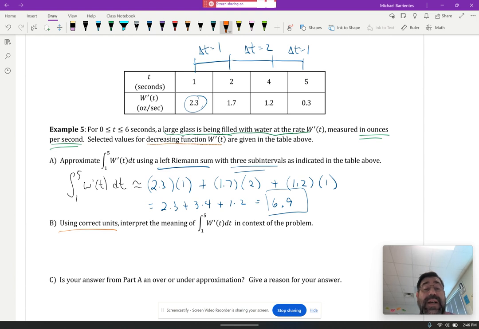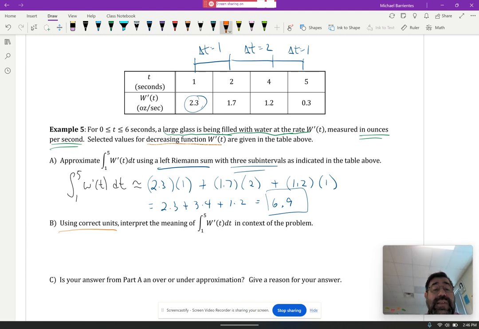Since this is talking about a glass being filled with water, what we're going to get is a quantity that is the total amount, because it's not changing. The water is just coming in and in and in, right? It's not coming in and leaking. So the total coming in between times 0 and 6 seconds is going to be 6.9.